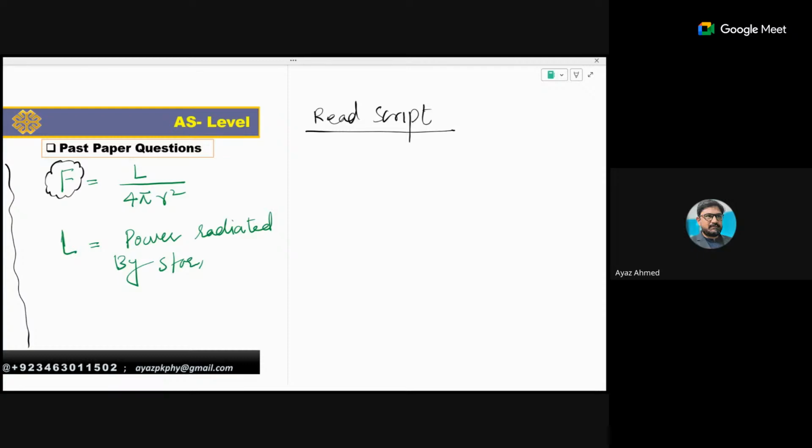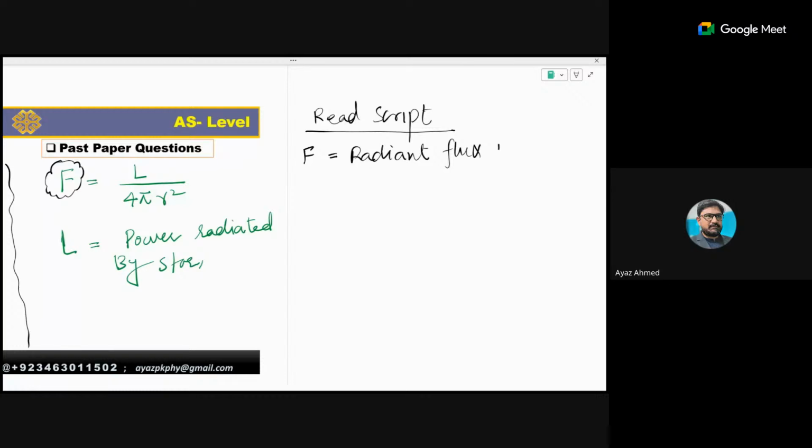For example, F is radiation intensity or radiant flux. It will be given to you, don't worry. This equation is in our A levels too, but it does not matter here. It is part of physics, radiant flux intensity.